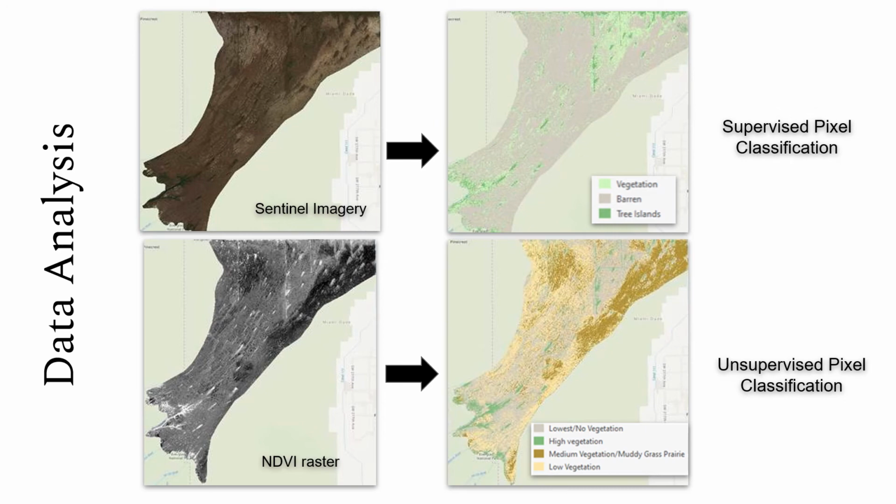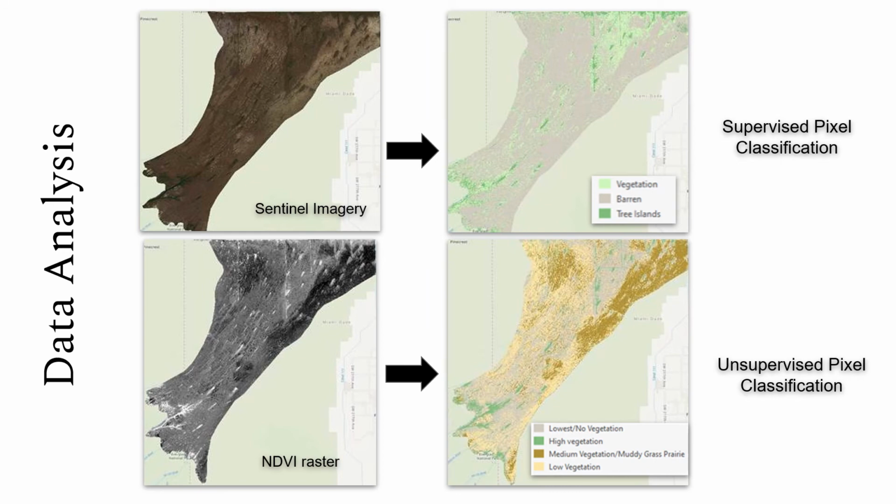So once I found imagery with no clouds, I used the image classification wizard in ArcPro, which is pretty similar to a remote sensing technology in ENVI, which is a remote sensing software. So I used a supervised pixel setting, which classifies each individual pixel, so it's very accurate.